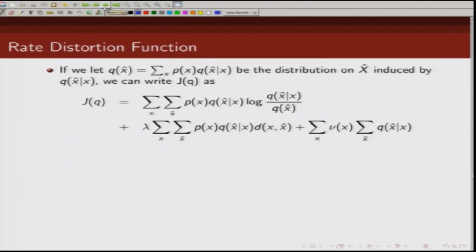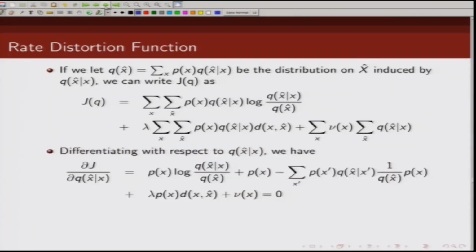Now, let q of x hat be the distribution on x hat induced by this conditional distribution, then this functional can be written like this. If we differentiate this with respect to q of x hat given x and equate it to 0, we get this.